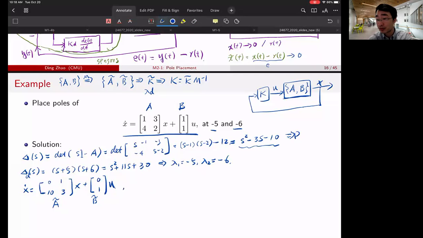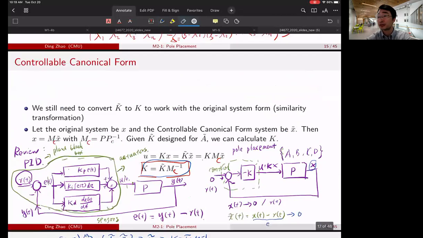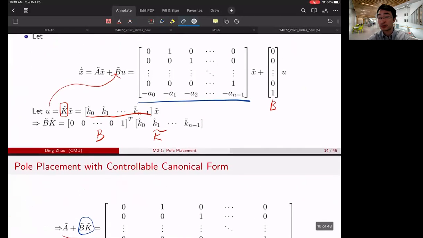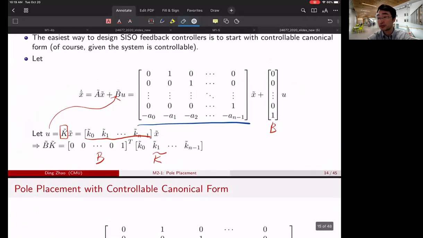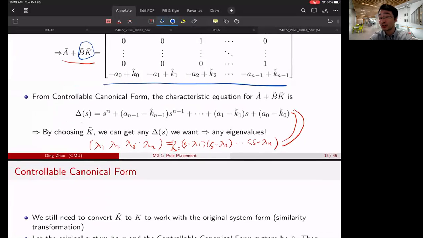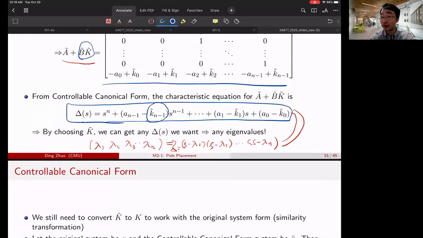We need the P. How do I explain? Okay, so here is how we can get our K tilde. K tilde just follows this formula, and we make this formula equal to the desired polynomial.